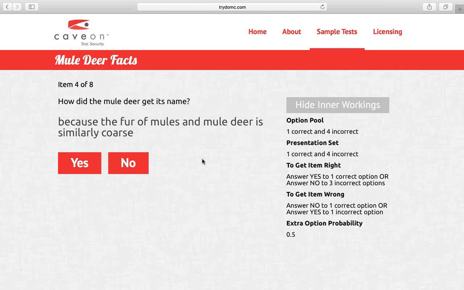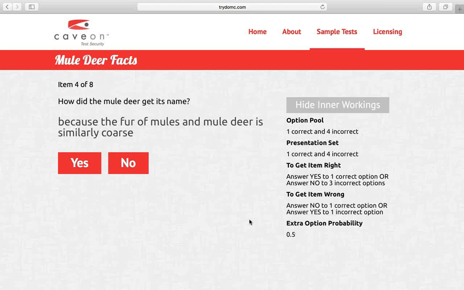One thing about the DOMC, and I'm pointing, if you can see my mouse pointer, you can see this extra option probability. After the question has been answered right or wrong, there is a chance, a 50-50 chance in this case, to present an extra option if there's one available.